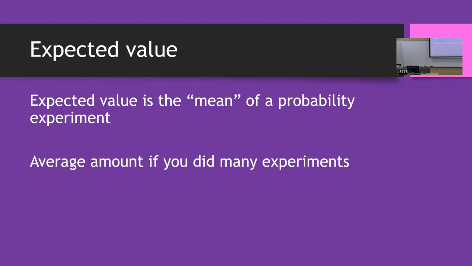The expected value is essentially an average, or a mean, of a probability experiment. The way to think about it is, if you did lots and lots of experiments over and over again, what would be the average of all those experiments? Does that make sense?